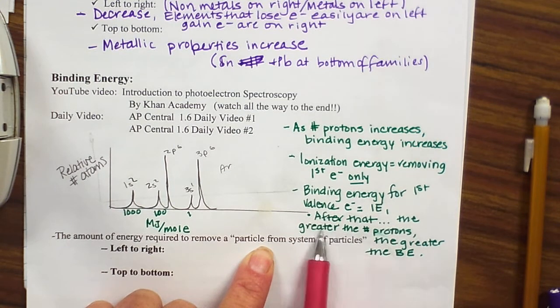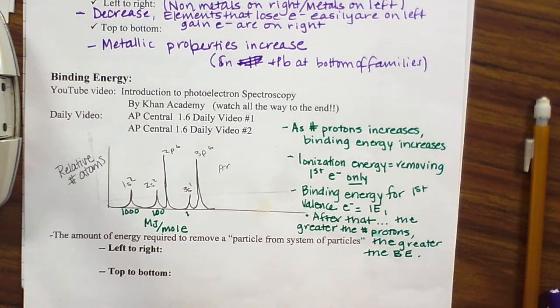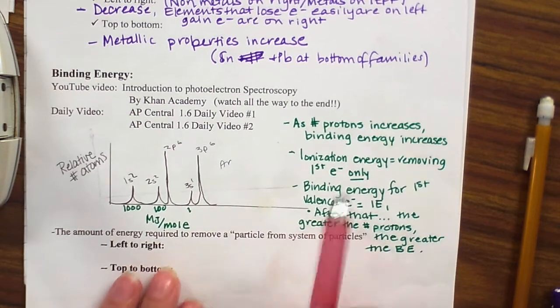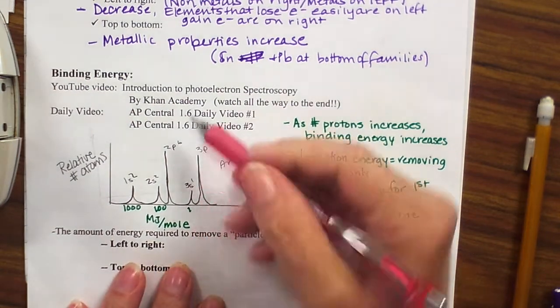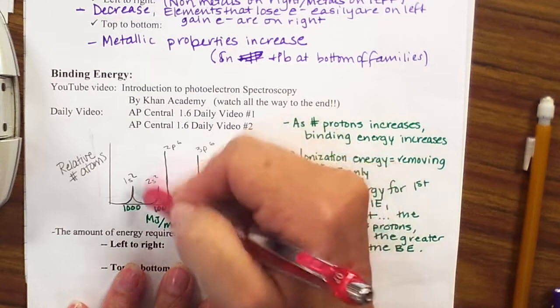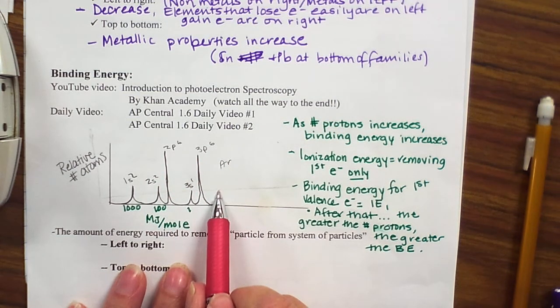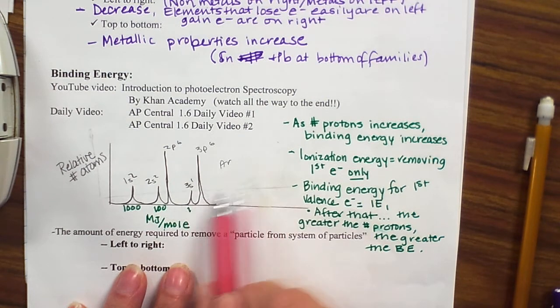After that, the greater the number of protons, the greater the binding energy. The reason is that the binding energy has to do with the number of protons, and the binding energy accounts for all of these electrons. So when you pull off one electron, it is equal to the ionization energy, but after that, it's all different.